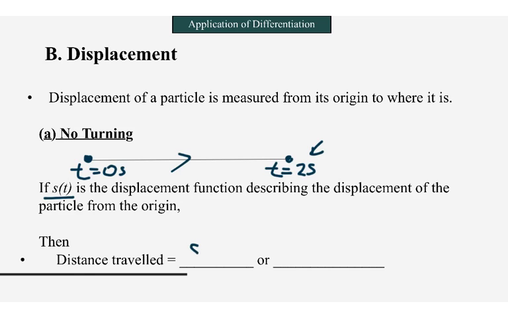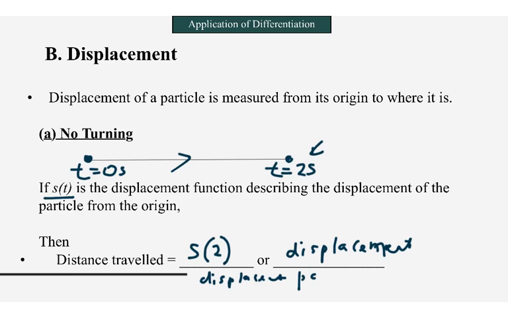We can say that the distance traveled is also the displacement, where the substitution of 2 refers to the displacement of the particle at t equals 2 seconds.